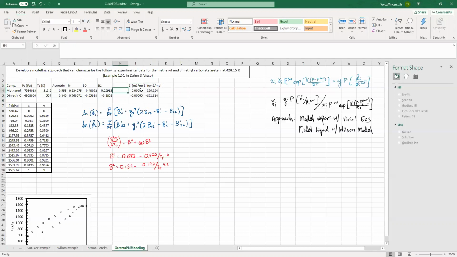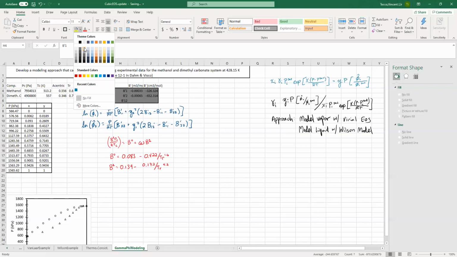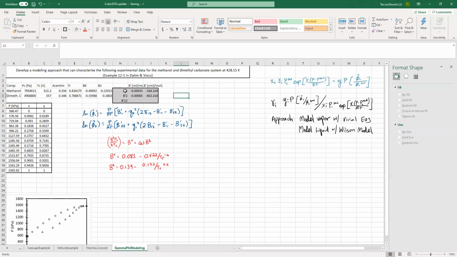So I'm going to move this over and say this is B prime 1, this is B prime 2, and this is B prime 1, 2. And just to format it nicely, I'm going to adjust it like that. And then also I will border it and shade it. So shading it always helps me in my mind kind of highlight it to me.